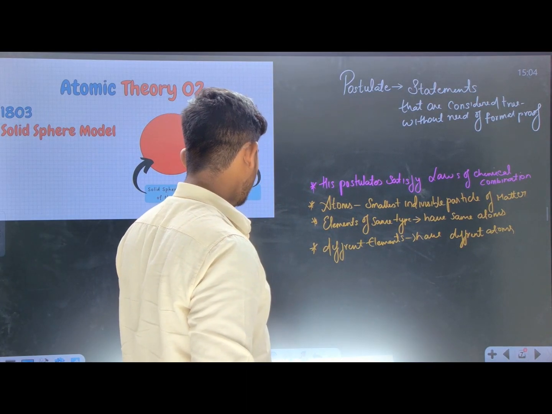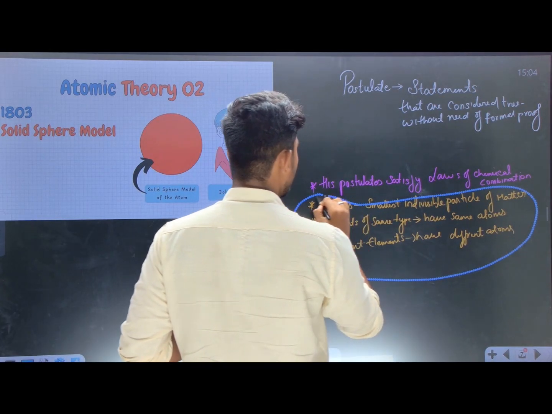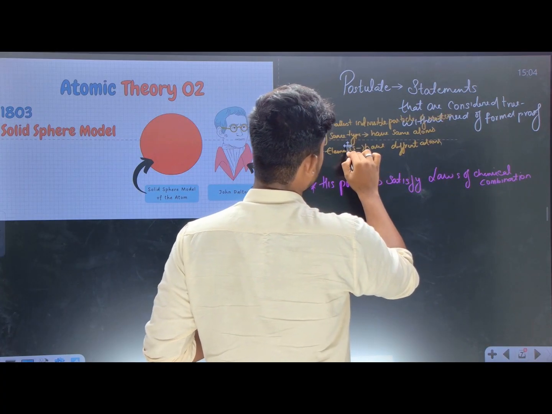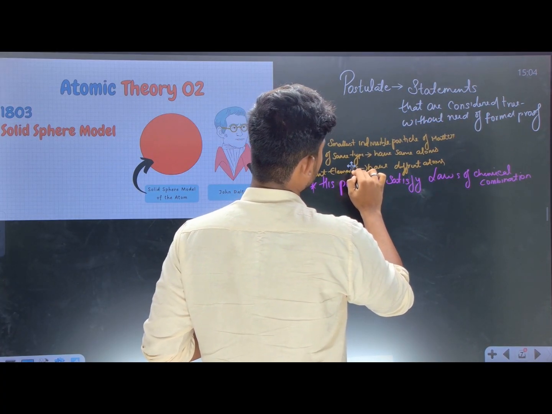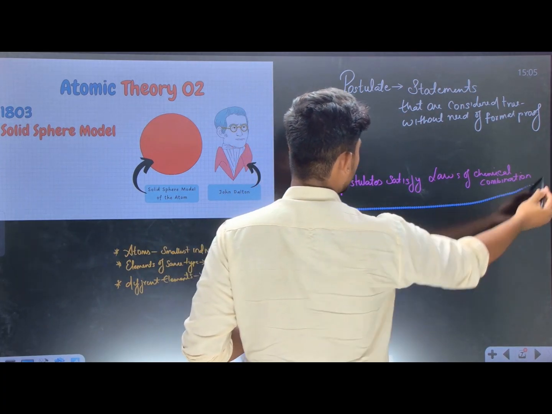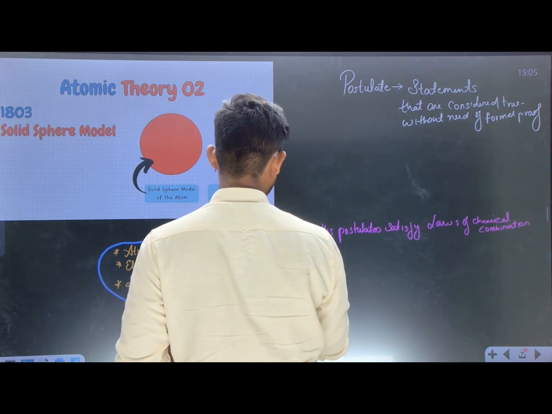And if you're wondering what exactly I am talking about when I say laws of chemical combination, to be honest, it's not much of a rocket science, but it was so important for him that he got recognized as one of the most important key persons in the field of chemistry after this work.